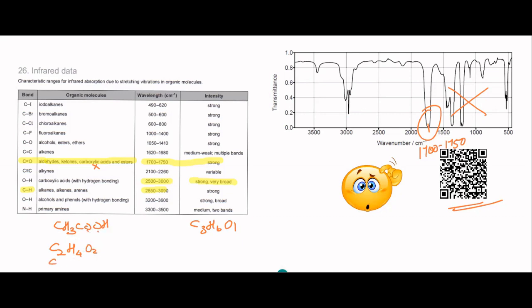So this would be CnH2nO2. But our compound is CnH2nO1. This also clearly rules out even thinking about carboxylic acid.